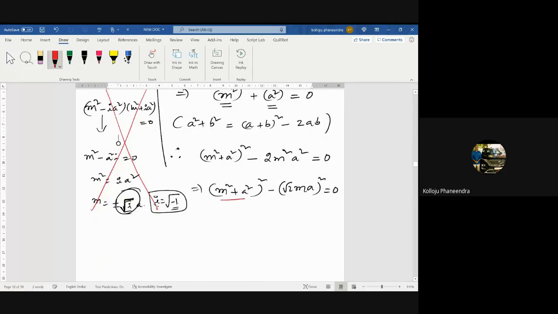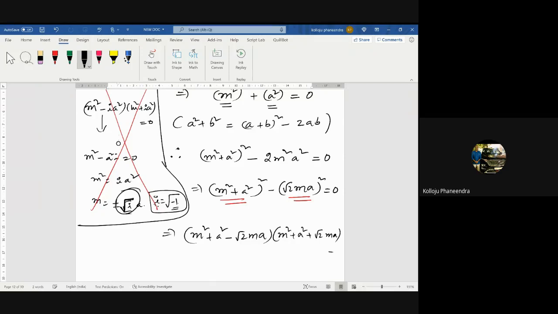Now this is a, this is b. A square minus b square formula. A square minus b square formula. M square plus a square minus root 2ma, into m square plus a square plus root 2ma, equal to 0.